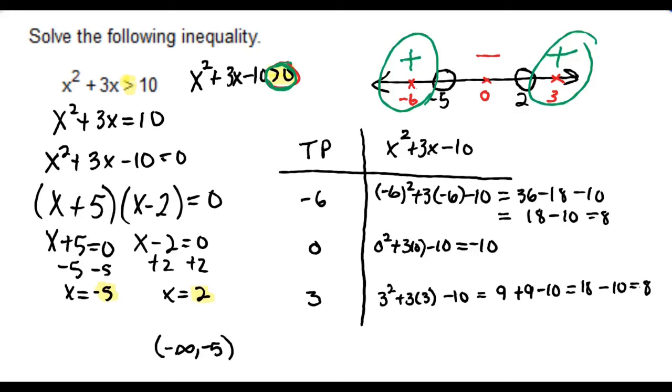I used a parenthesis on the -5 to show that -5 is not included in the set. And then the rightmost interval is 2 to infinity. So the solution set for the inequality x squared plus 3x is greater than 10 is -infinity to -5 union with 2 to infinity.